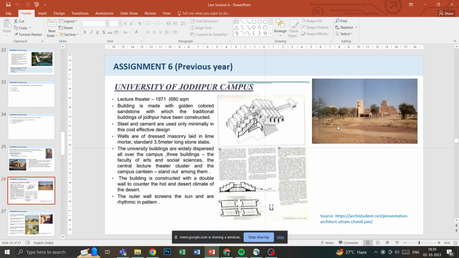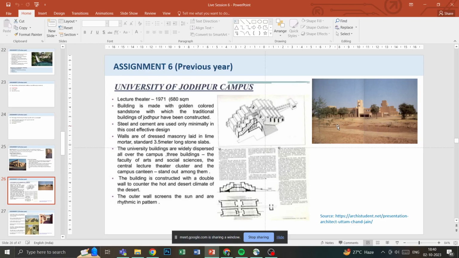University of Jodhpur campus building is made with golden colored sandstone with which the traditional buildings of Jodhpur have usually been constructed. Steel and cement are used only minimally in this cost effective design. Walls are of dressed masonry laid in lime mortar, standard 3.5-meter long stone slabs.